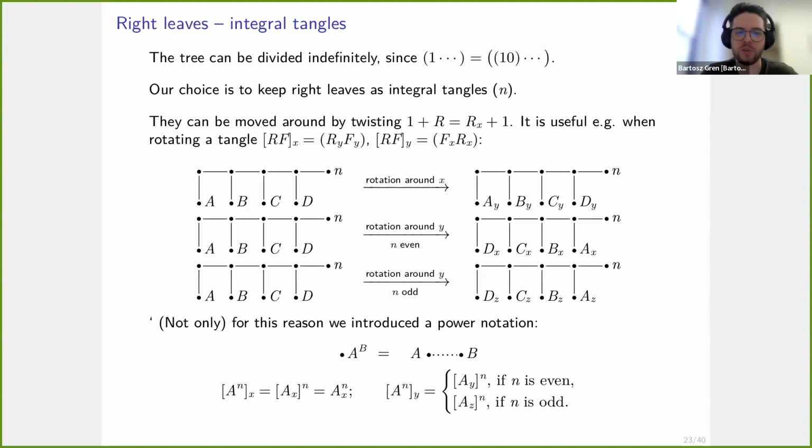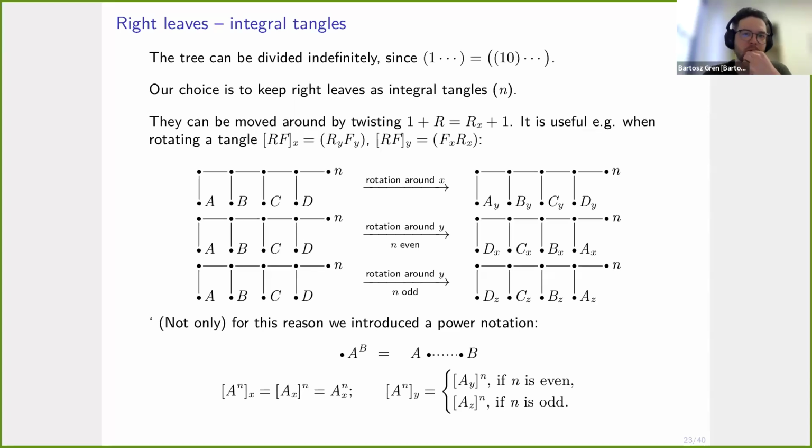For this case, we also introduced a power notation to accent the tangle which is on the right. And in such notation, after the rotation, this rightmost integral tangle, the right leaf, stays at the same place.